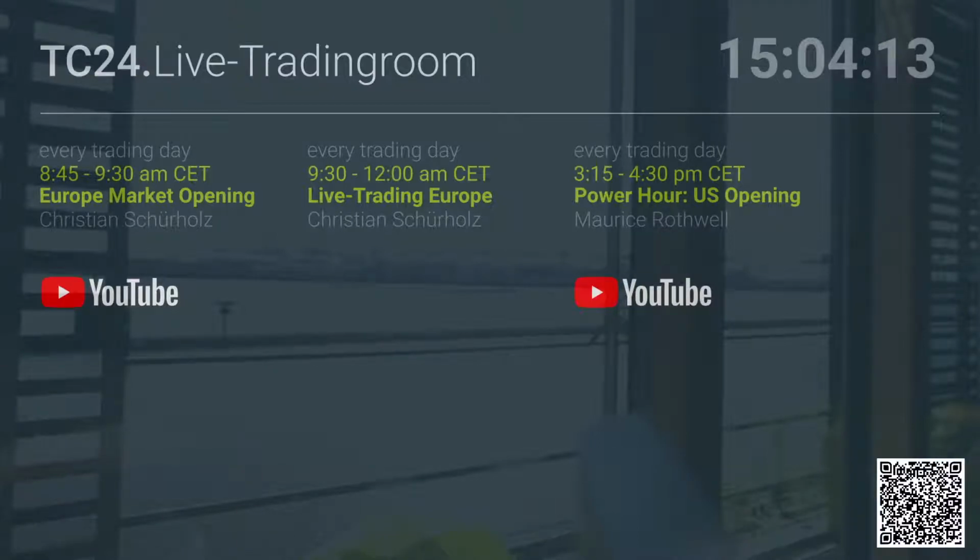Log in, continue, log in. And it's right there. Easy. So these are now 2 different trading rooms. This is one room that you're in now, and then the power hour is in a separate room.